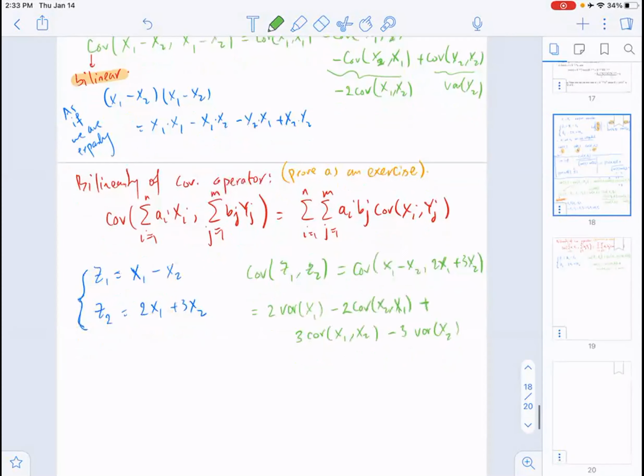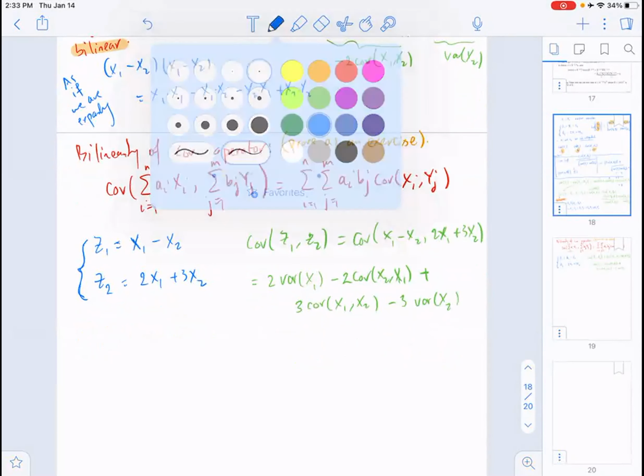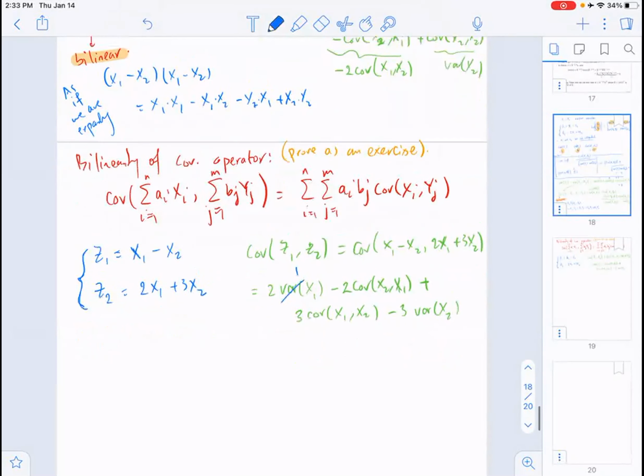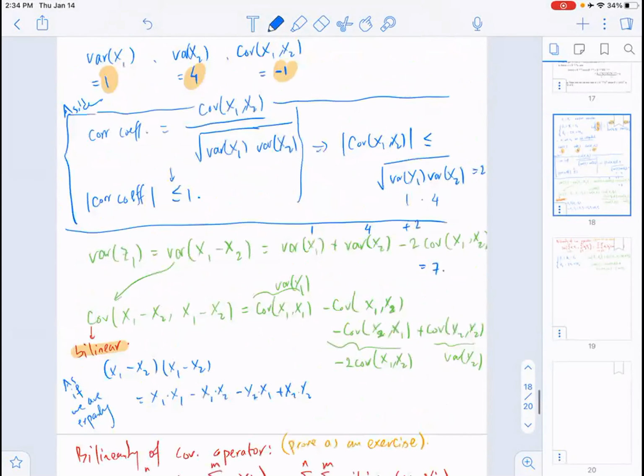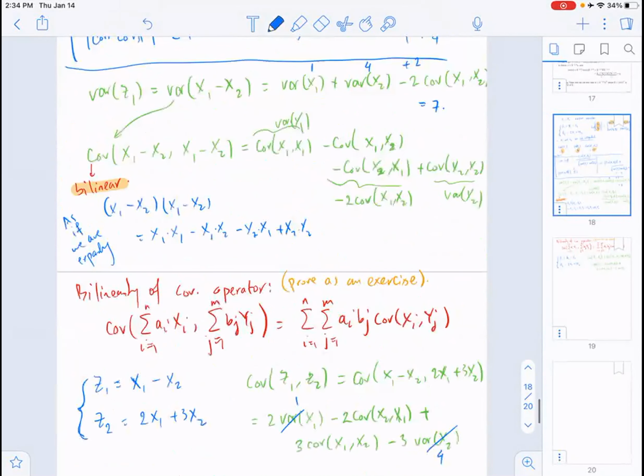Yeah, this looks good to me. Does it look good to everyone? This is as if we multiply the two. Looks good. So this would be 1 by assumption. This would be 4. This would be -1.